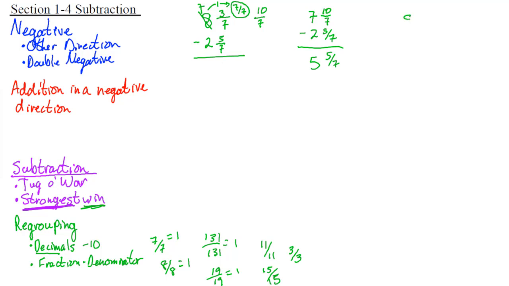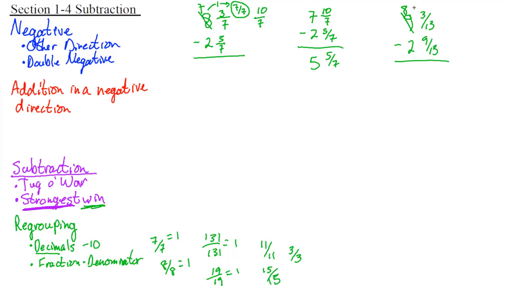Let's do another one. 9 and 3/13 minus 2 and 9/13. Something like that. Okay, so 3/13 minus 9/13. We can't do that. So we have to borrow from here. That makes it 8.